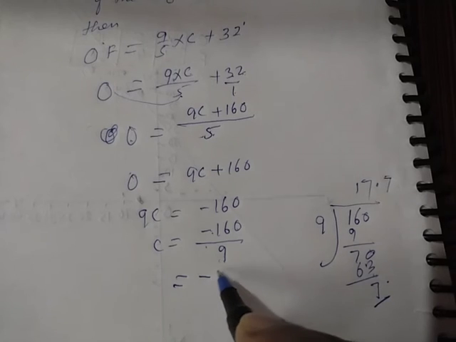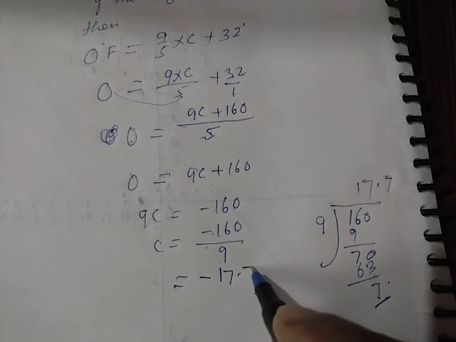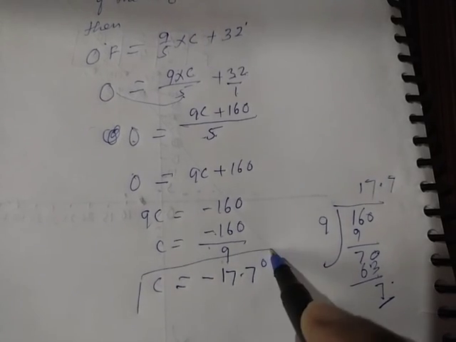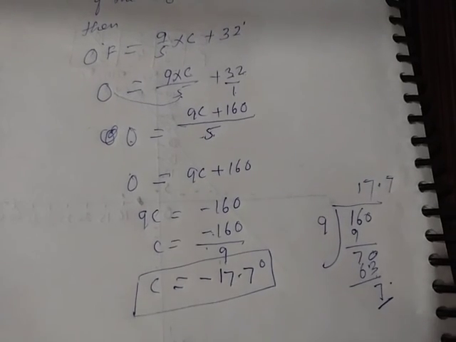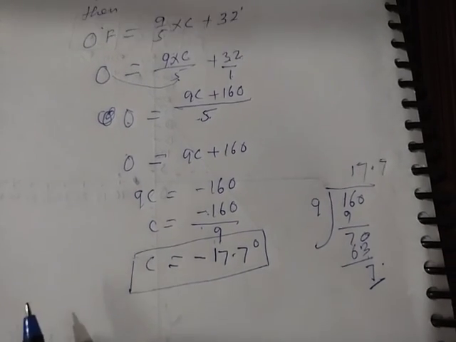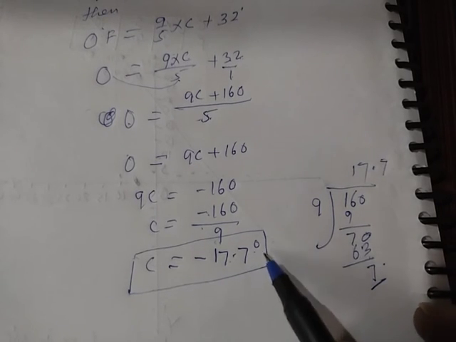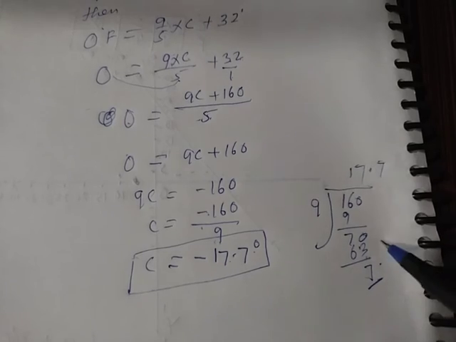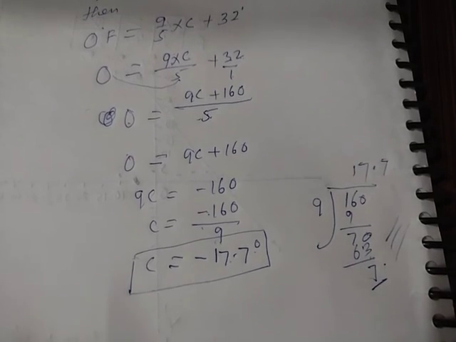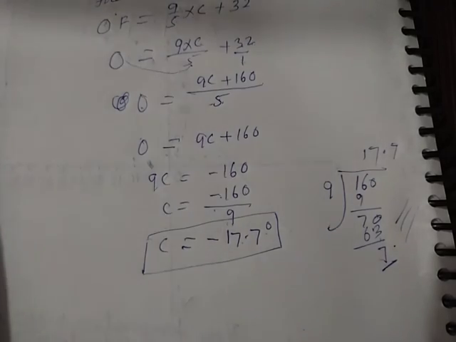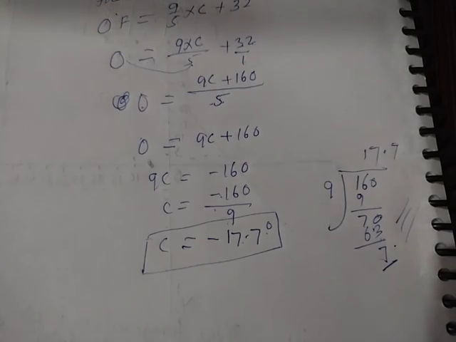So you will write minus 17.7 degrees Celsius. Sometimes it is written approximately as 17.8, but after dividing you will get your correct answer. Okay.